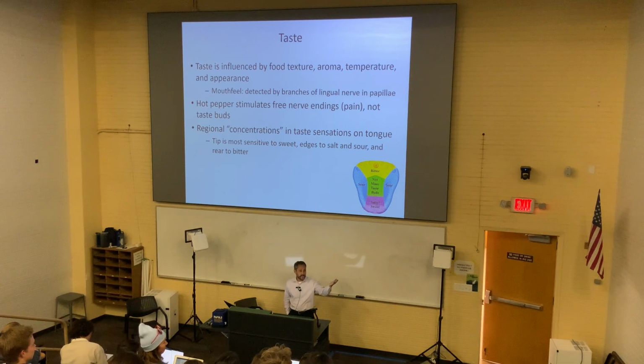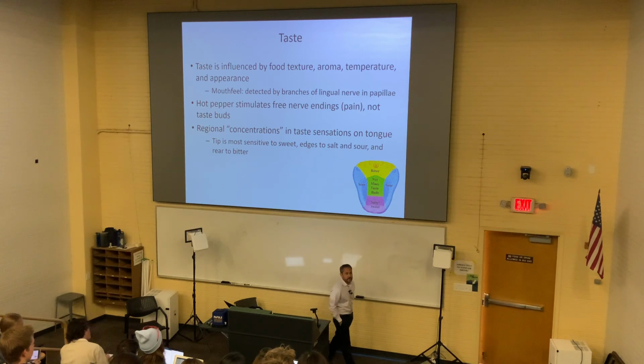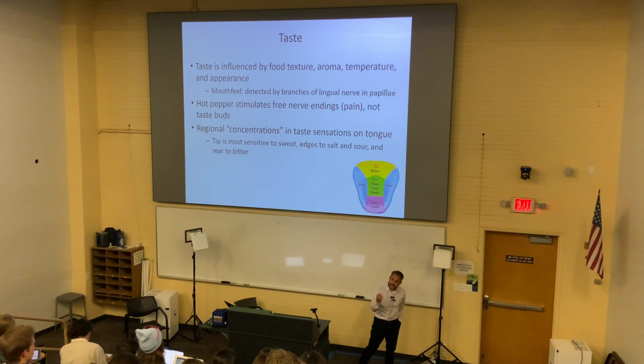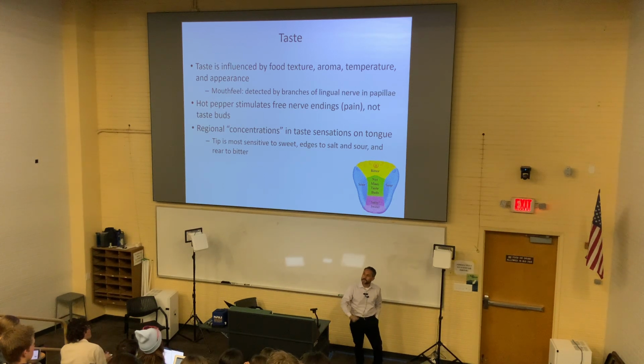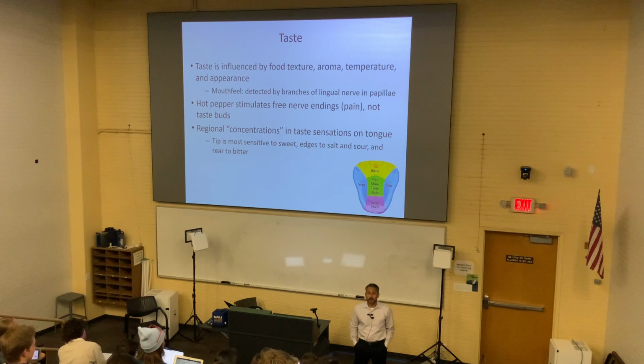Isn't that kind of weird? But nociception is what's responsible for the detection of spice in a food. So when you go to your next Thai restaurant, you order spicy 5, right? You are a glutton for pain. You love it. That's what you're ordering.